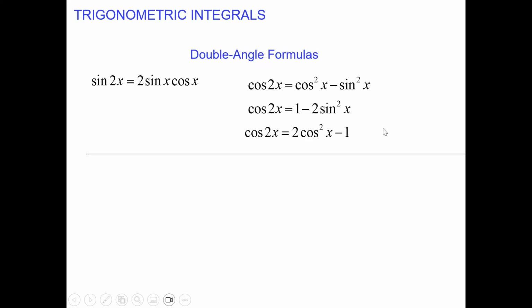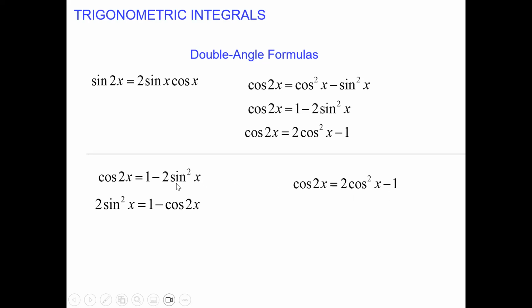Okay, now, that means this is the double angle. Interestingly, we have the double angle formula for cosine of 2x in terms of sine and in terms of cosine. We may solve them respectively for sine square of x and cosine square of x.